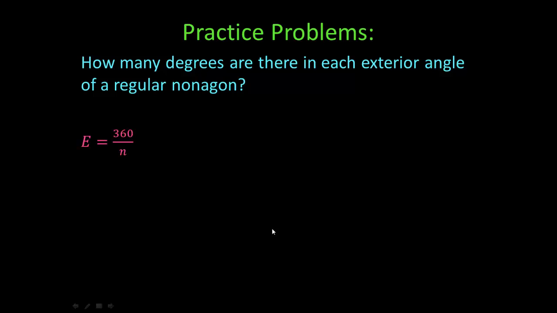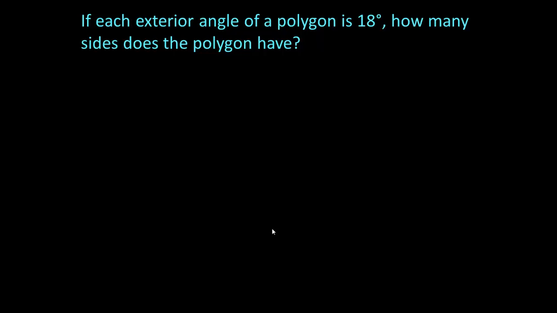We start with our formula, E equals 360 divided by n, and replace n with 9. Each exterior angle measures 40 degrees, because each has to equal 40 for the sum to be 360 total. Easy enough, right?